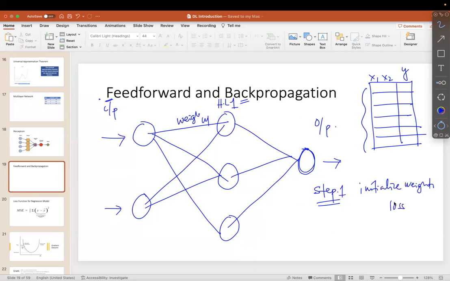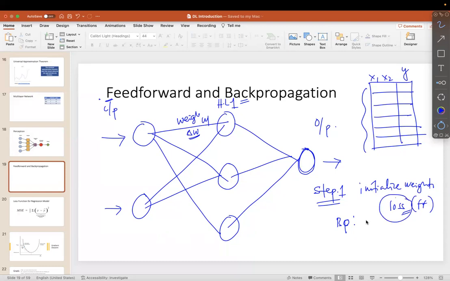That's basically your feed forward process. And then you do back propagation. In back propagation, you look at how much loss it is, and then you calculate the adjustments that you want to do, the deltas, through optimizers like gradient descent or Adam or whatever.